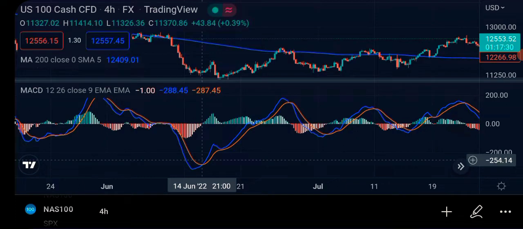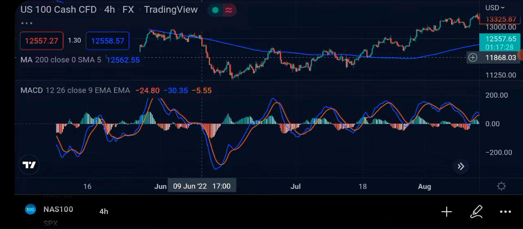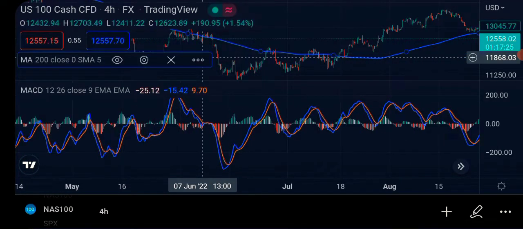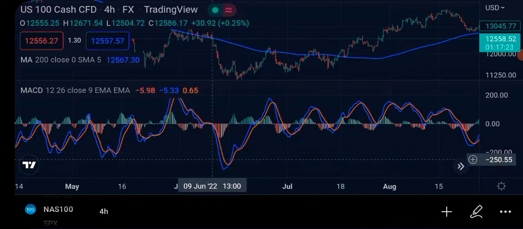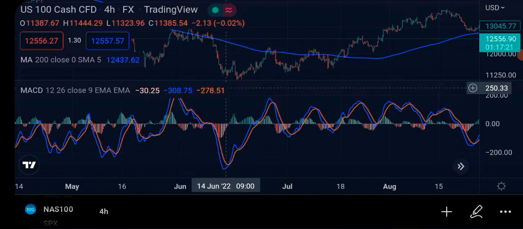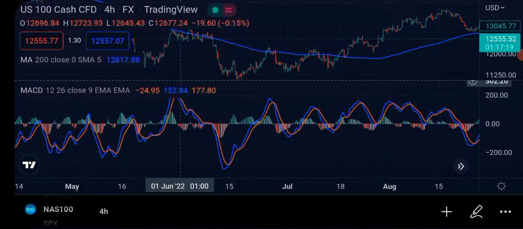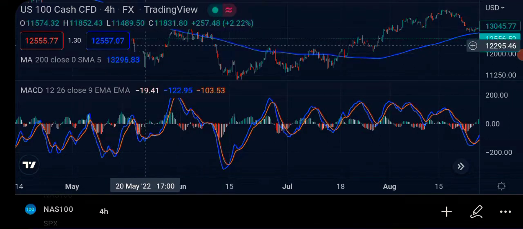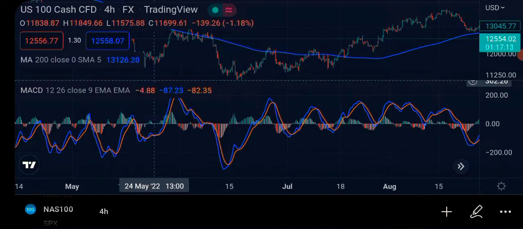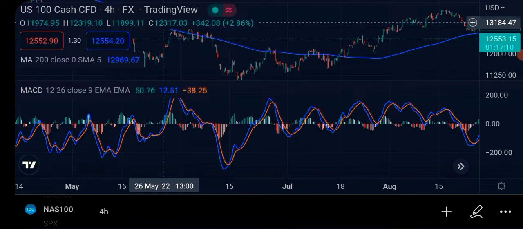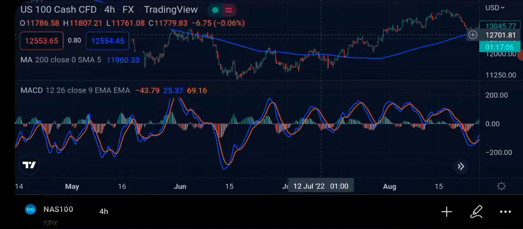Now let's zoom out. Can you see that? When it crosses here, you can see the markets came down. Trying to bring my pointer back up.